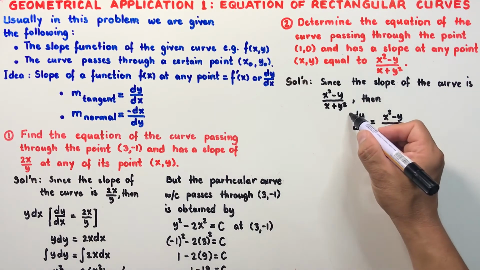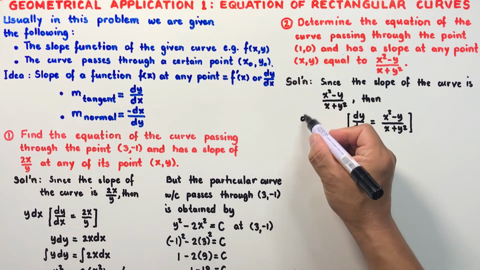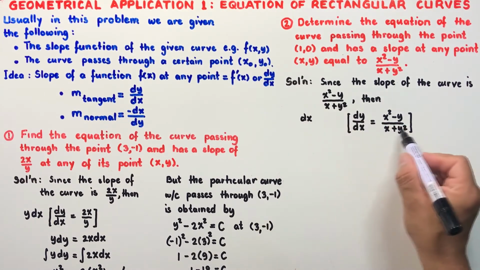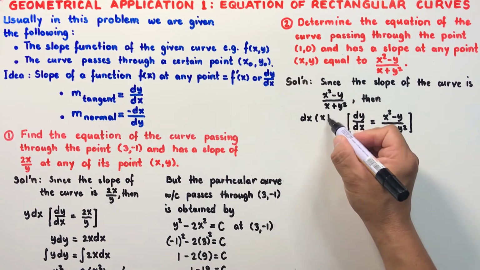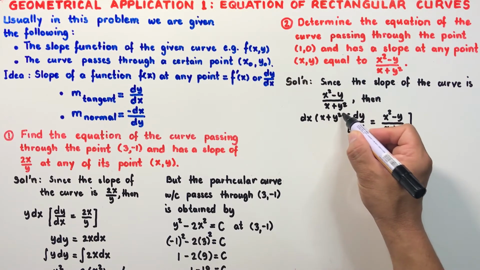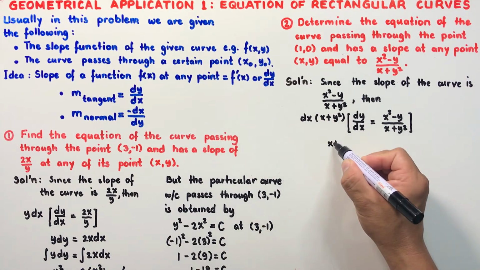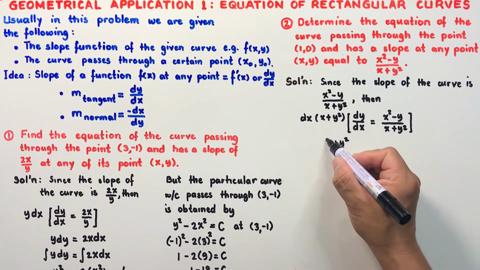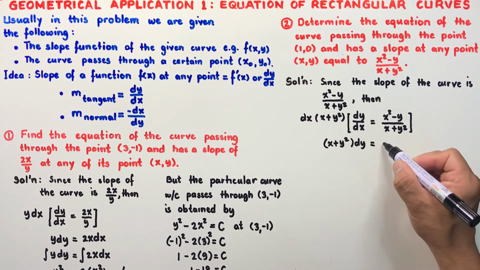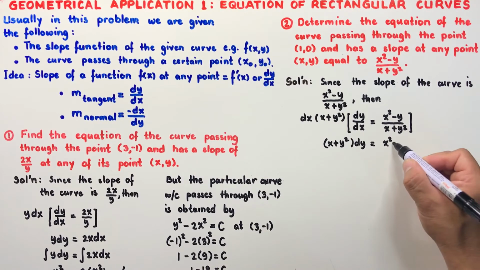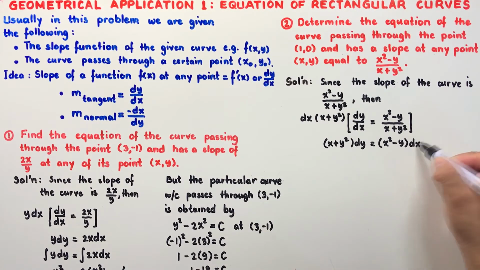Multiplying both sides of the equation by the LCD of these two fractions, which is dx times (x plus y squared), we have (x plus y squared) times dy equal to (x squared minus y) times dx.